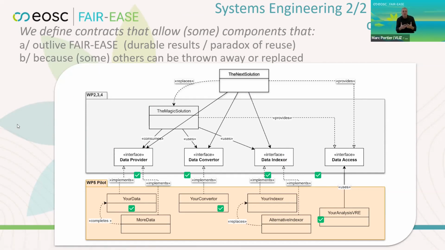When we do that, we are actually reusing all the other parts that we are keeping. So in other words, we achieve reuse by throwing away stuff. Or even worse, we achieve durable results by actively designing each of them with the intention to be able to replace them at any time. So I hope you can get your head around that paradox, but this is a very powerful idea we have been using in our design.